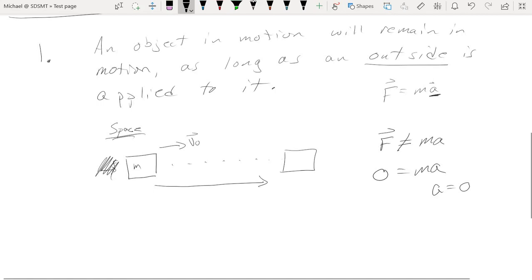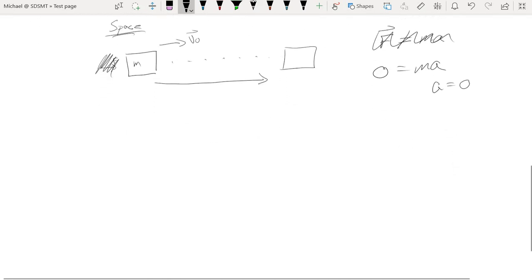The other alternative would be to have a zero mass, but then we don't have an object. And so with zero acceleration comes the idea that velocity does not change.